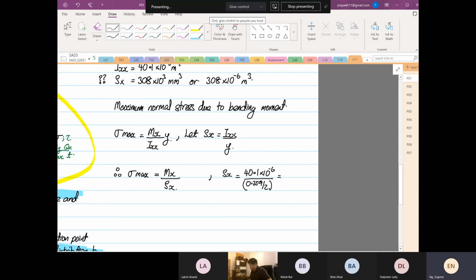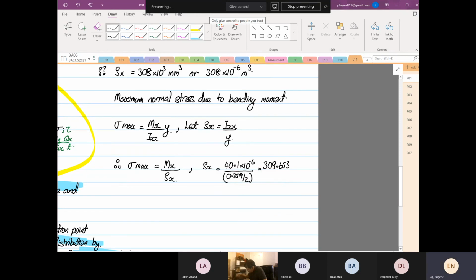When we calculate this, 40.1 times 10 to the power minus 6 divided by 0.259 over 2 is equal to 309.653 times 10 to the power minus 6 meter cube.